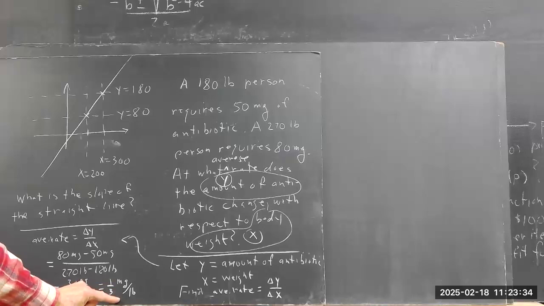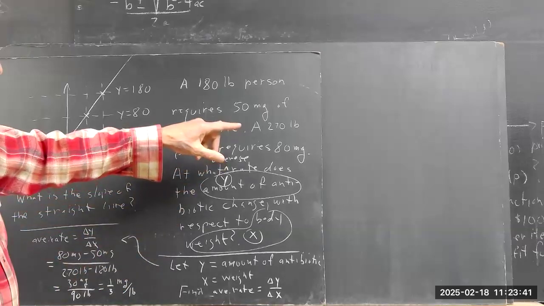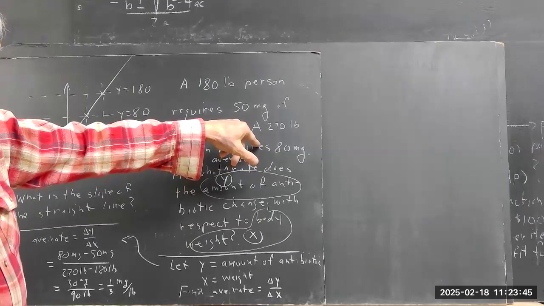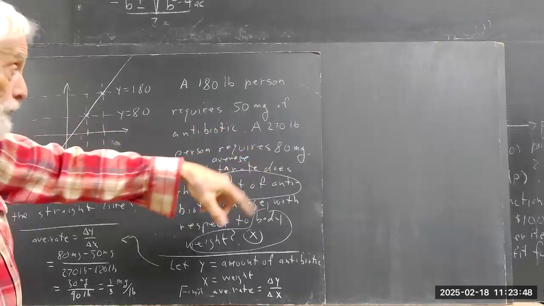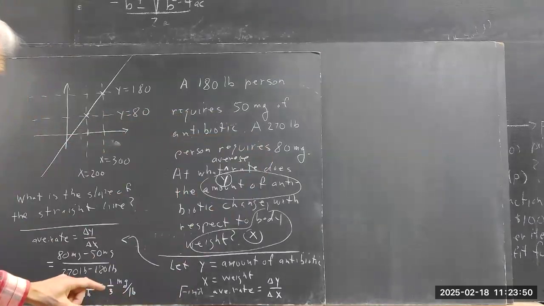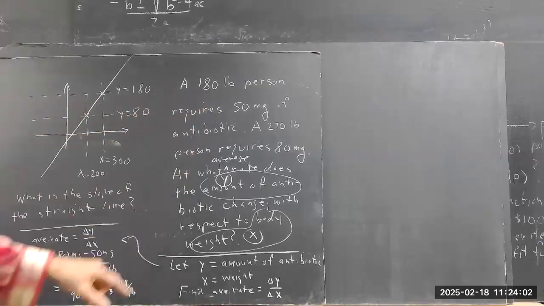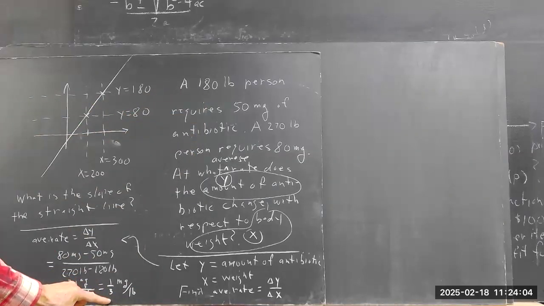That is milligrams per pound. We want to increase the amount by 1/3 of a milligram for every pound. 180 pounds multiplied by a third of a milligram per pound would be 60 milligrams.